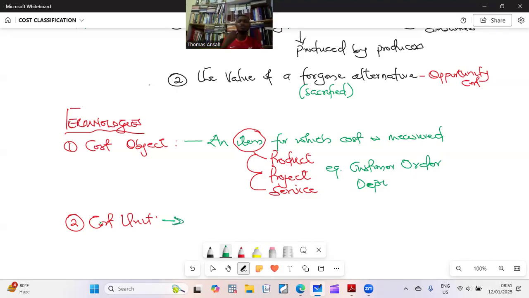When we talk of a cost unit, we are talking about the basic unit of an output. The very smallest unit of an object, the smallest unit or the basic component.